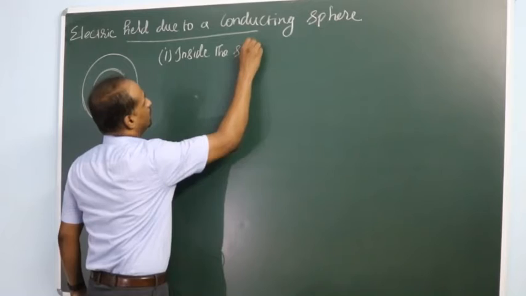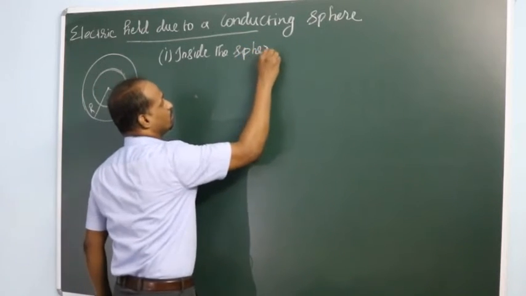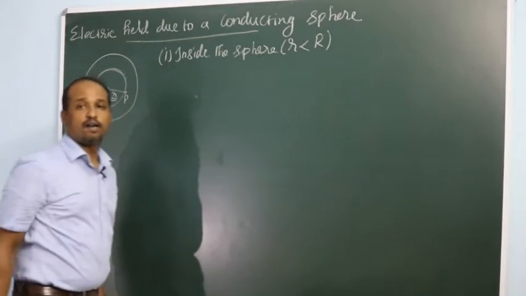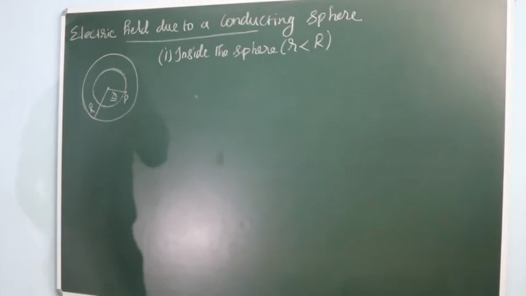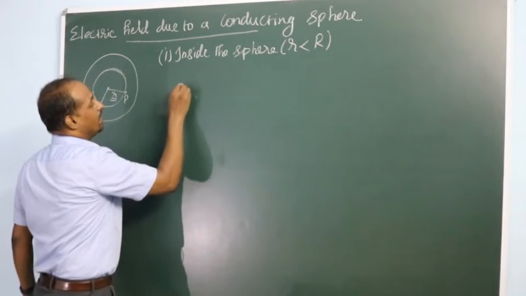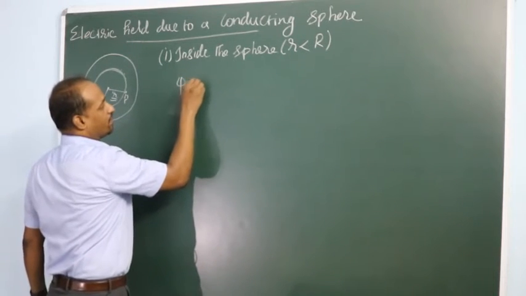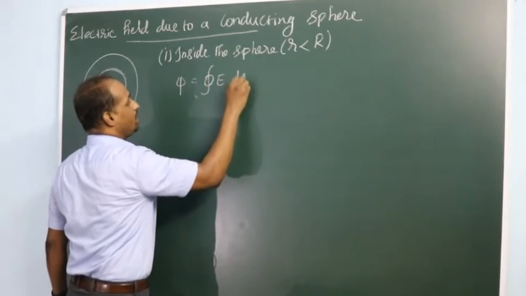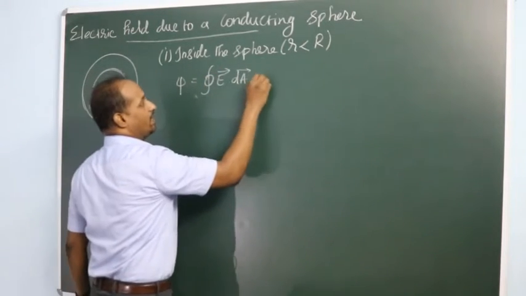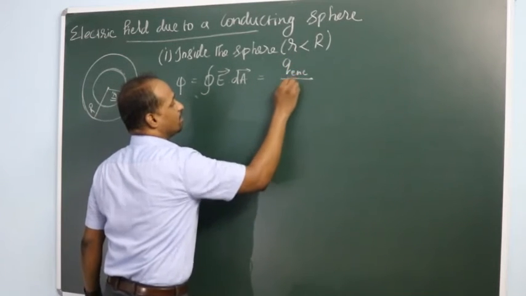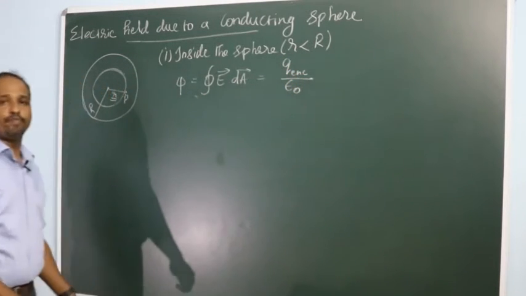Inside the sphere, we know that r is less than capital R. So what is going to be the electric field? According to the definition, electric flux is the integral around the closed surface, E dot dA, which is equal to the total charge enclosed by the surface divided by epsilon naught. That's how we proceed.